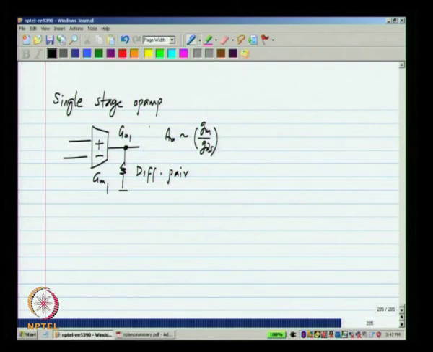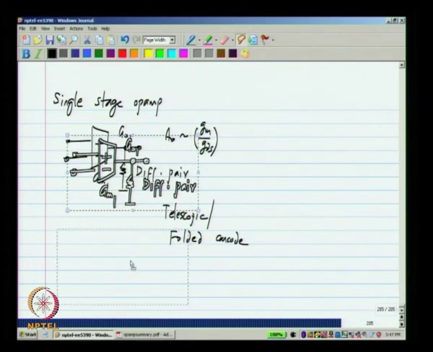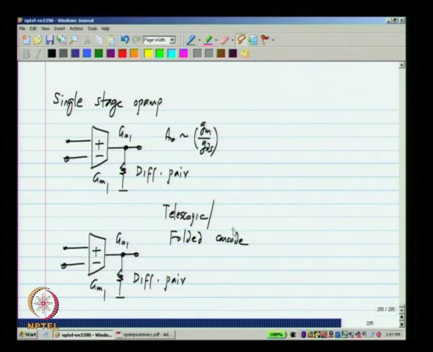You can also refine this by going to telescopic or folded cascode. Okay. What that will do is to have a similar topology, but the gain will be of the order of Gm by Gds squared.